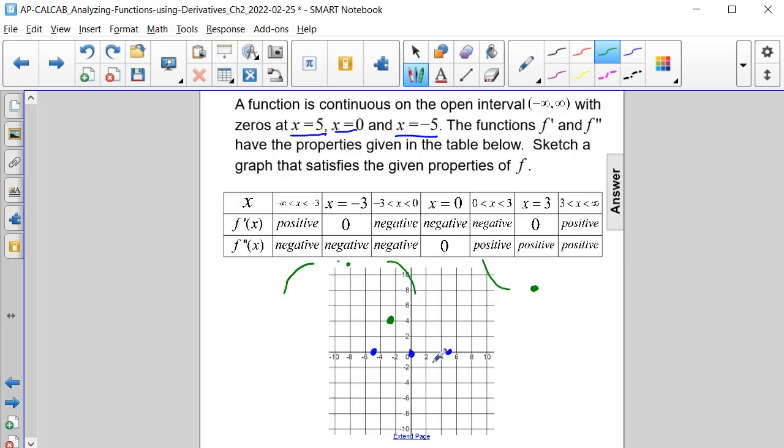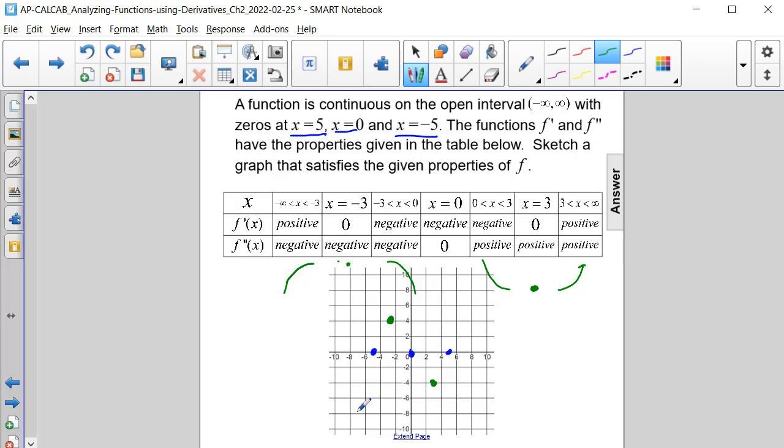So at x is 3, I'm going to go a little further down, right at about here, to kind of make it look like a point of inflection occurs at the origin there. And then to the right of this relative minimum that I put in there, we have the function increasing again, and it has an upward concavity, so it'll look something like this when we sketch it.